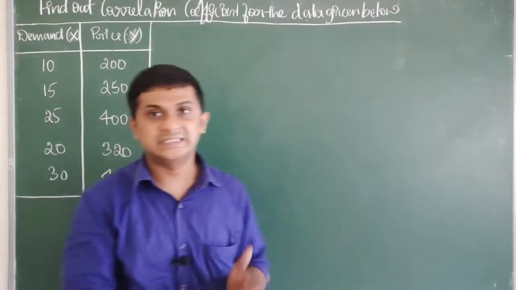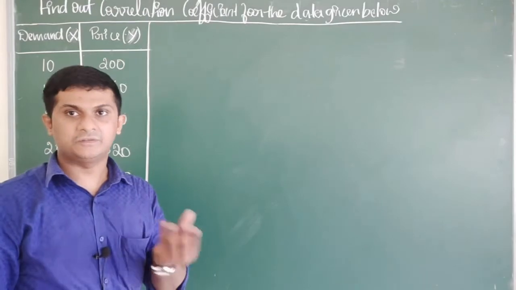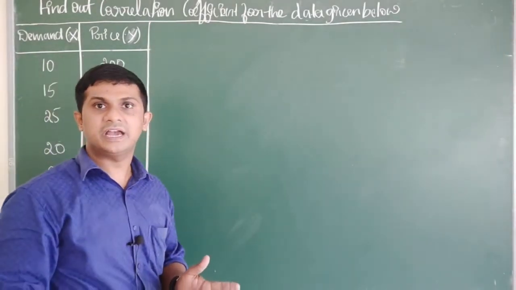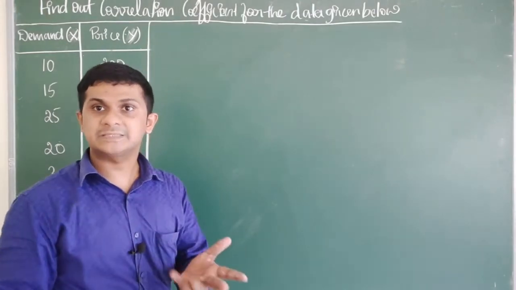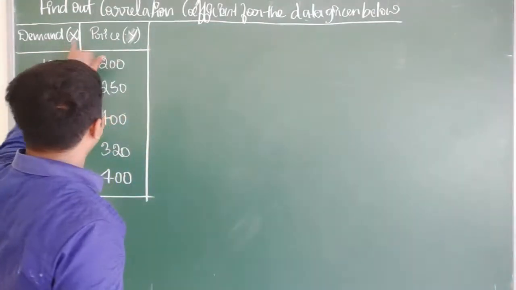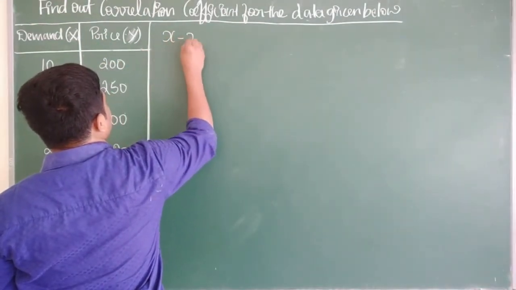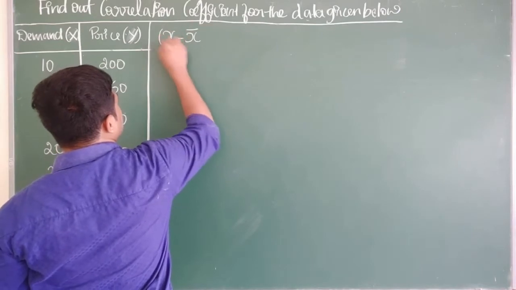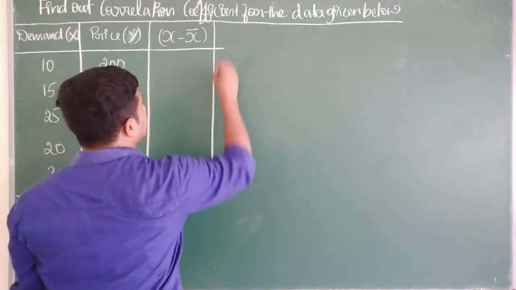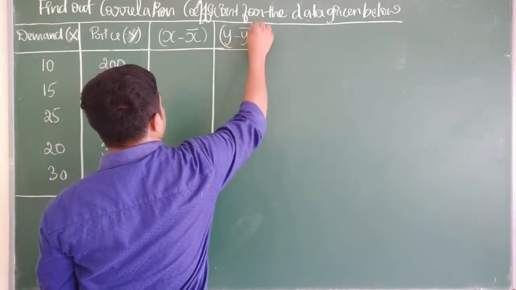As I discussed earlier when I was discussing the actual mean formula, in the numerator we have sigma (x minus x bar) into (y minus y bar). We have x and y only, that means we need to calculate x minus x bar. Then we need to calculate y minus y bar, right?